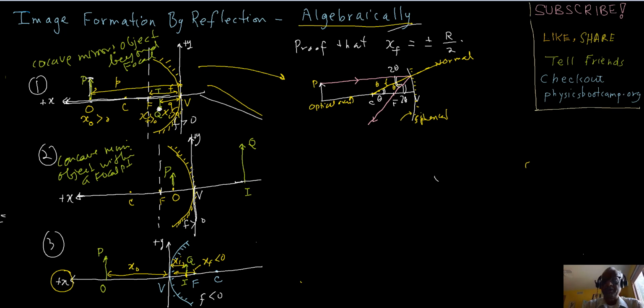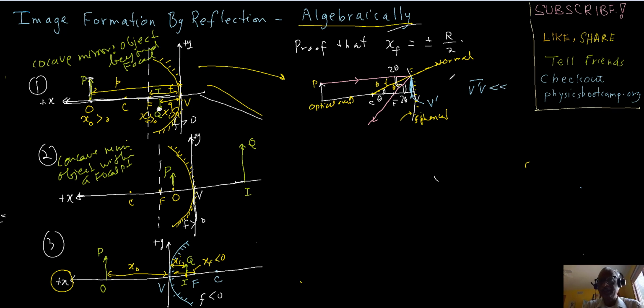Now I'll show you that this formula actually requires an approximation. If I take a perpendicular to it here, I'm going to hit this axis at some V prime, and we're going to use what is called the paraxial approximation, where the distance V prime V is going to be way less than all the other distances.